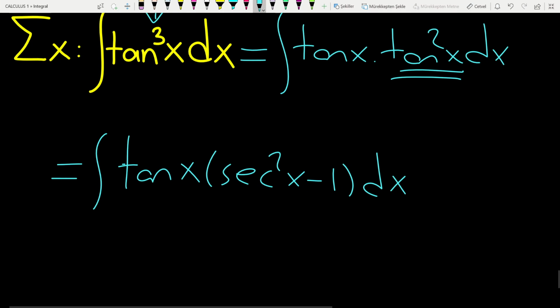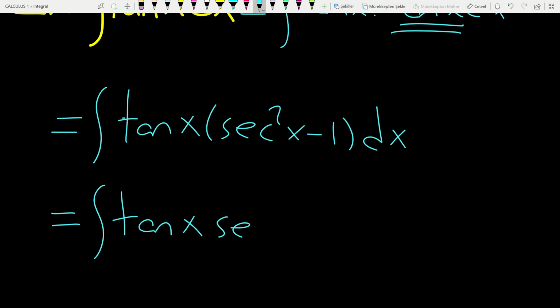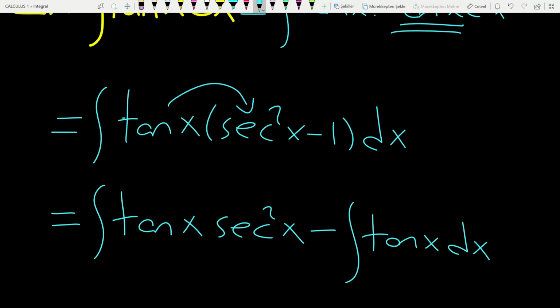This is equal to the integral of tangent x secant square x from here, minus the integral of tangent x dx from here.